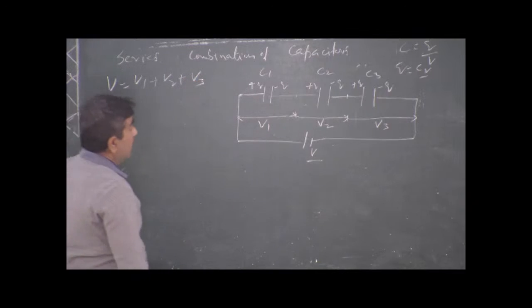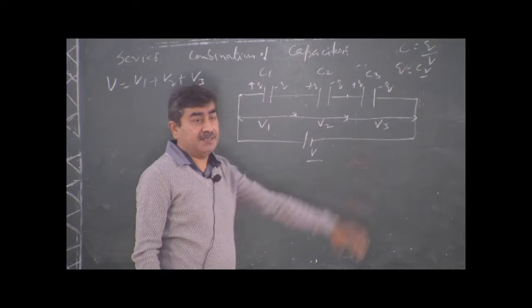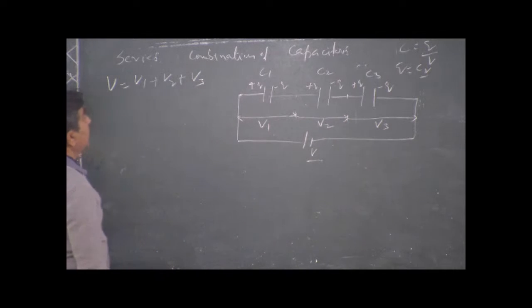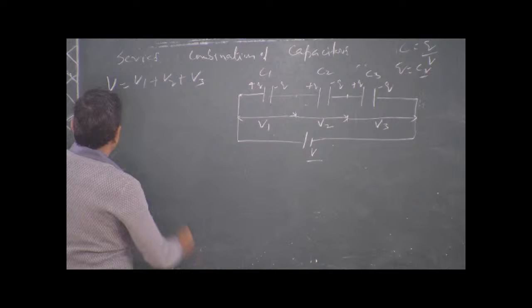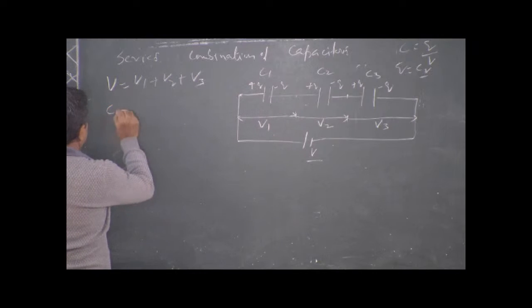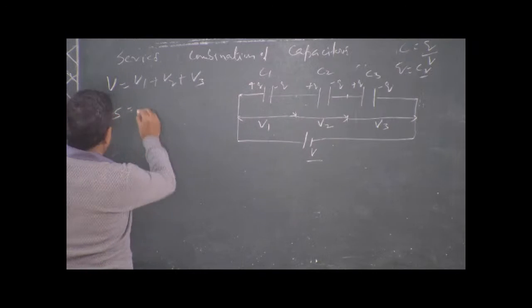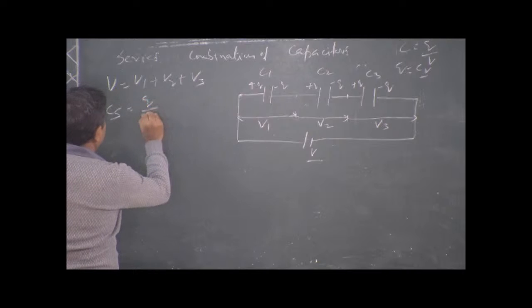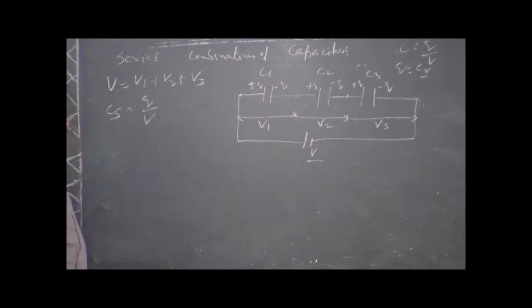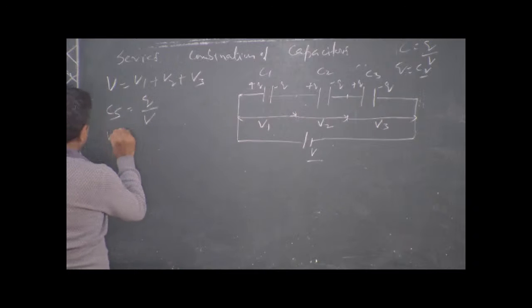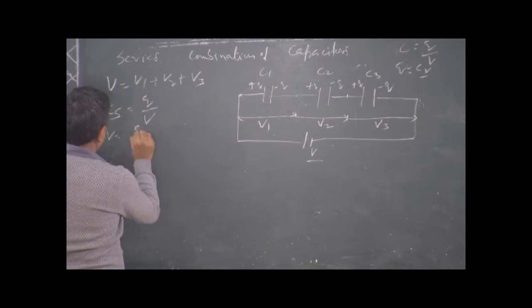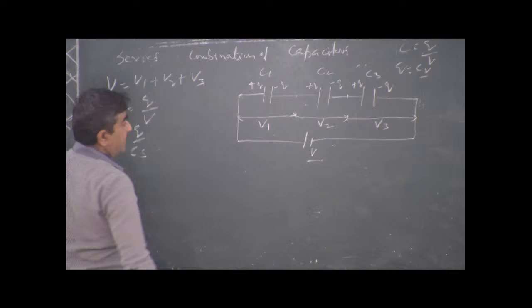If Cs is the capacity of the series combination, then Cs will be equal to Q upon V, or V will be equal to Q upon Cs.